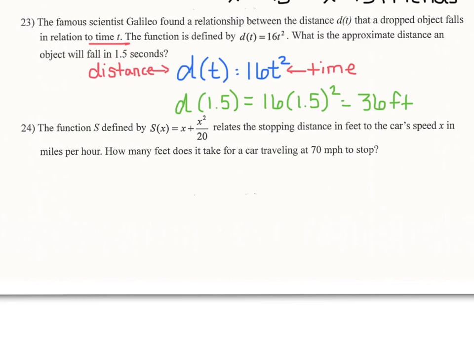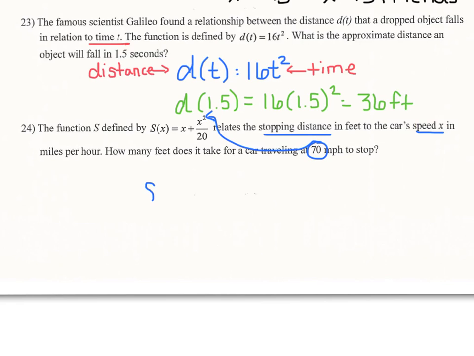Same thing with number 24. 24 surrounds it with scary words too. Talks about the function s is defined by s of x equals x plus x squared over 20. That's the stopping distance of a car compared to the speed. Okay, so x represents my speed, and that's really all I need to know here, because it says how many feet does it take for a car traveling 70 miles an hour to stop. So I'm just going to put 70 in for my x's here.